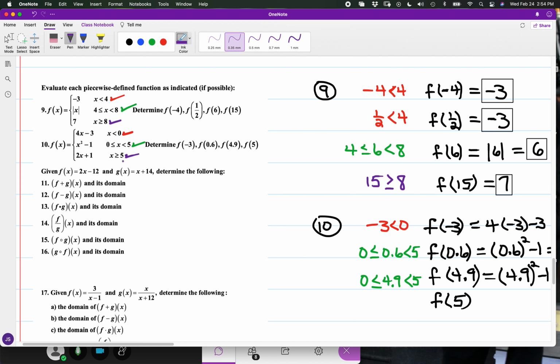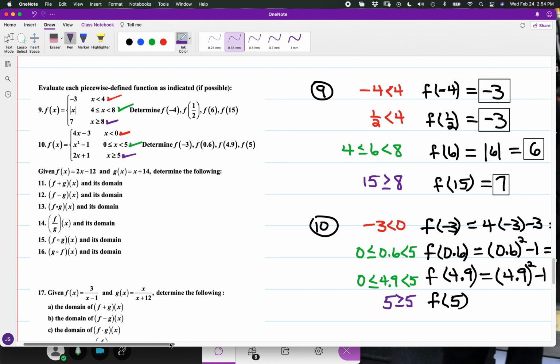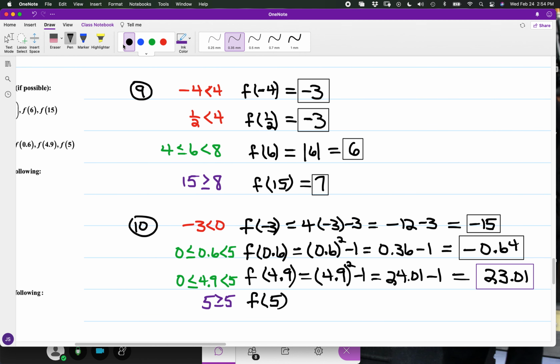And so with the size of this input, 5 is going to receive the 2x plus 1 treatment. So we're going to have 2 times 5 plus 1. And 2 times 5 is 10, and 10 plus 1 is equal to 11.